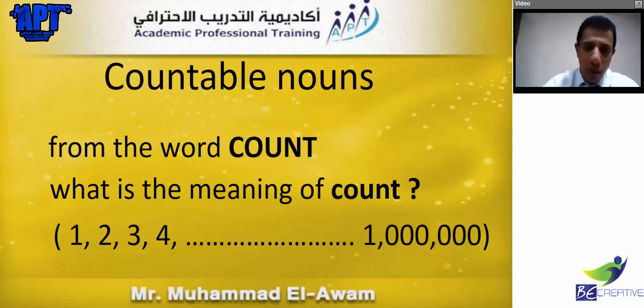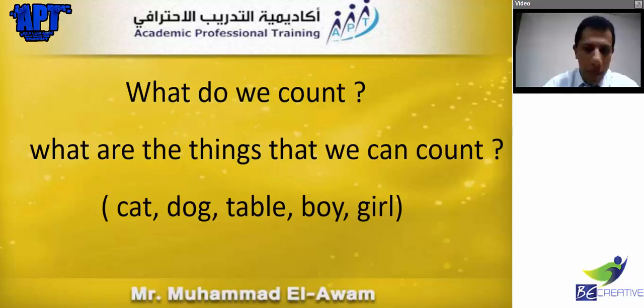So what's the meaning of countable nouns? Let's look. First of all, what do we count? Here are more examples of things that we count. We count cats, dogs, tables, boys, girls. I can say I have a cat, he has 2 cats, they have a dog, but she has 2 dogs.